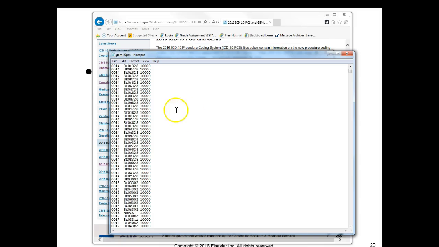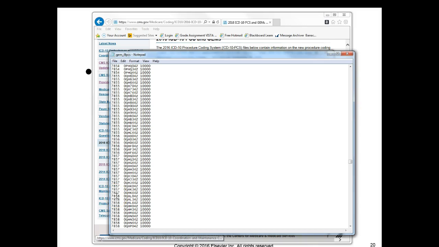But I can go down through this table. For instance, this code is 78.57, and look at all these 78.57 codes. There's a bunch of them. And the reason there are is because there are so many possible ICD-10 codes for that one ICD-9 code.